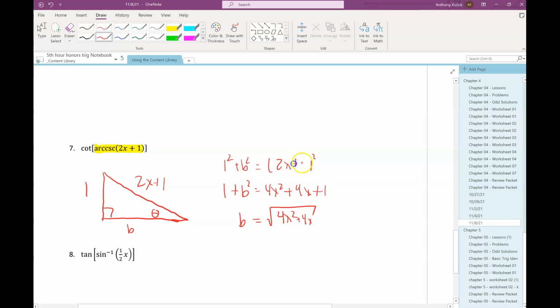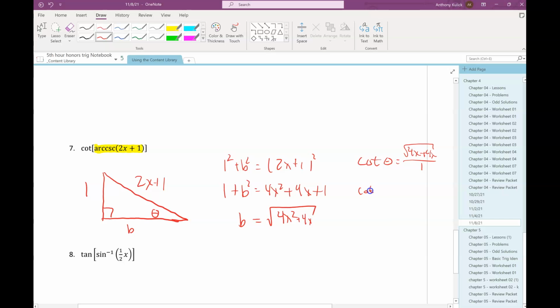I FOILed out 2x plus 1 squared, because that's how you multiply. Same thing that we did before, just everything's in a little different place. Okay. And then cotangent is adjacent over opposite.